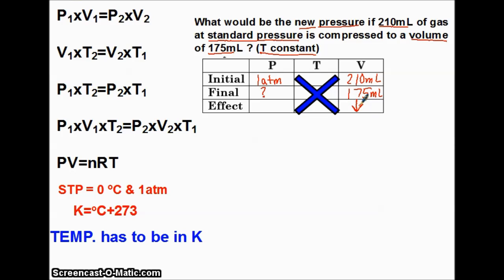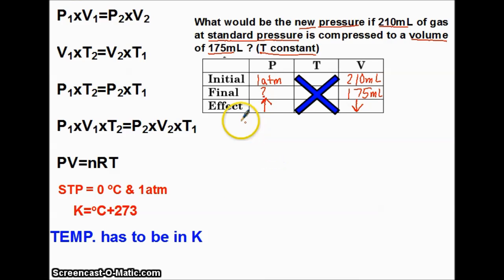And we want to see what is the effect on the pressure. Well, if we look at our gas law notes, we should know that this is an inverse relationship, so if the volume goes down, that means the pressure should have gone up. So our answer should be something more than 1 atmosphere.